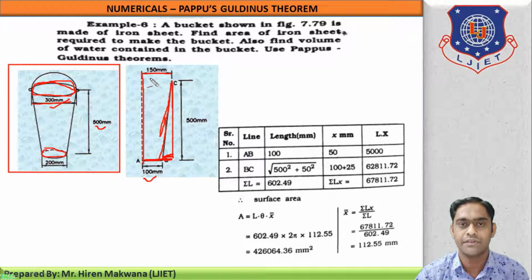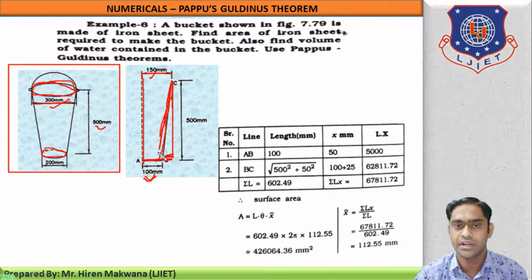How is it 50? 150 minus 100. So by applying Pythagoras theorem, we can find this length, which is equal to under root of 500 square plus 50 square, as in the table. You will find this answer in your calculators. For length AB, the horizontal length is already given to you, 100 mm.